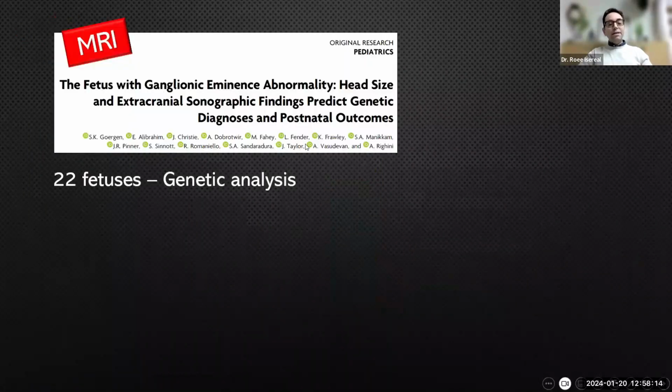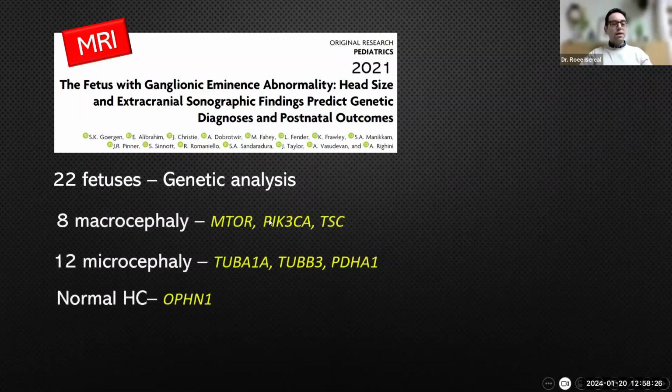Another interesting paper from the same group tried to correlate the phenotype of the head biometry with the genetic results. They performed extensive genetic studies on these fetuses, and they had three groups: the macrocephalic, the microcephalic, or the normal head circumference. You can see that they were able to find different genes involved, and I think all of you are quite aware of these genes.